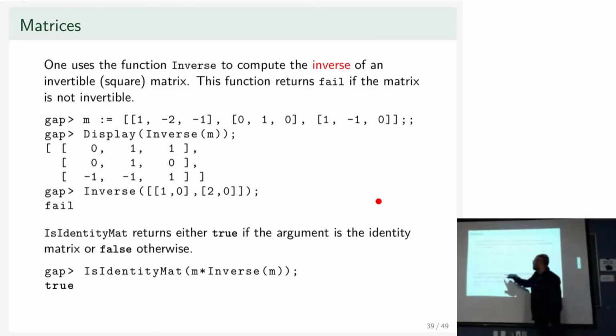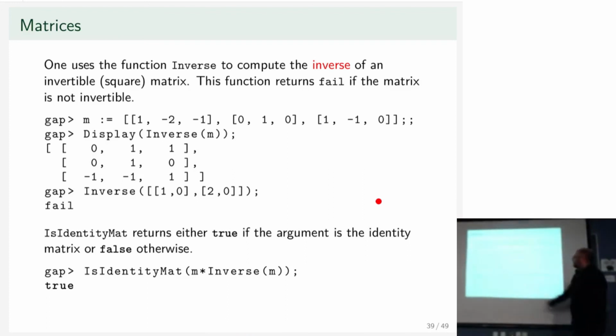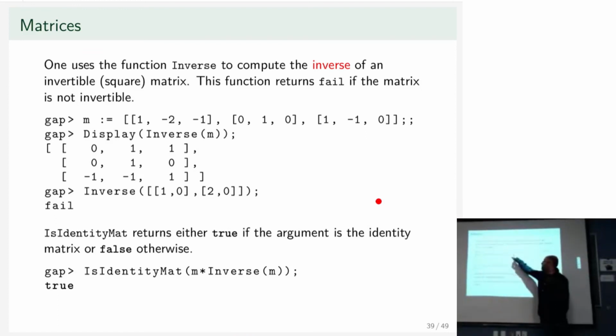This function will return true if you have an identity matrix, and false otherwise, right? For example, here, I have my M, which is invertible. I compute the inverse. I multiply these two. Sorry, I said the invertible one is the identity, right? Sorry. This is the identity because, well, this matrix is invertible.